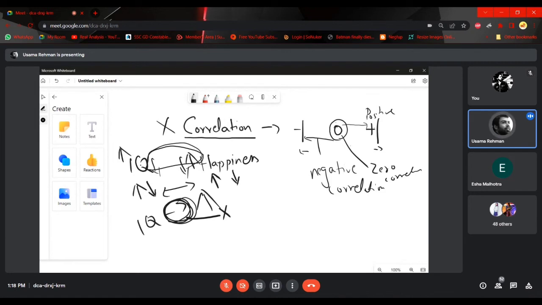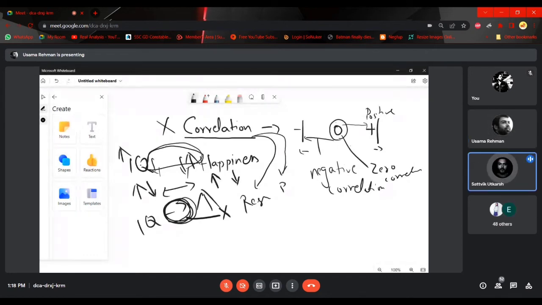Then we are talking about regression. We're talking about prediction. Correlation does not talk about regression or prediction, although it is the basis of both of them. Correlation only talks about the relationship between two variables. That's it. Which one influences which one, it does not talk about that. Both are independent, but they are related to each other.